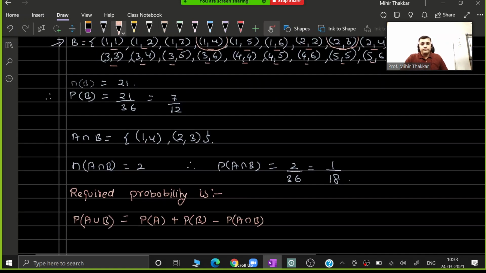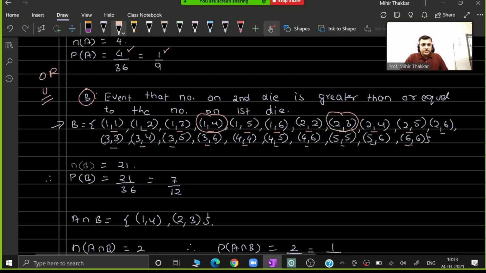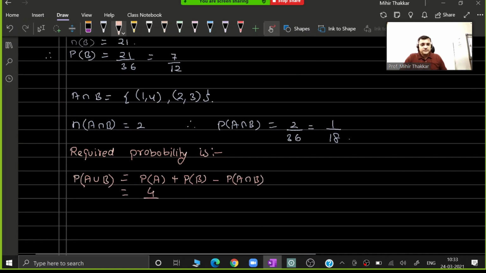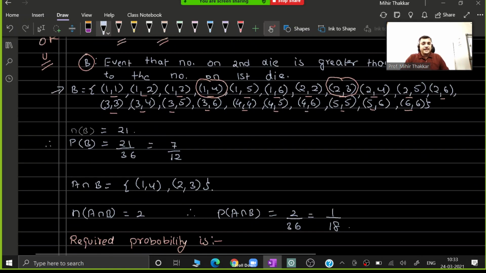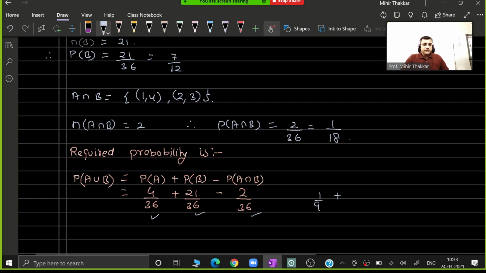Now see guys, one very important thing. I told you in the beginning, you can either use the first value, that is the original value, or the second value. If you use the original value, that is 4 by 36, 21 by 36, and 2 by 36, it will be very easy for us to calculate these fractions because all of them are having the same denominator values. Whereas if you use the second value 1 by 9 plus 7 by 12 and then minus 1 by 18, sometimes you may get confused in taking the LCM of this kind of numbers.